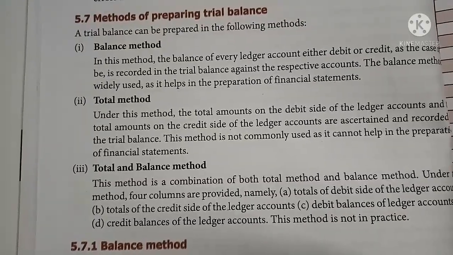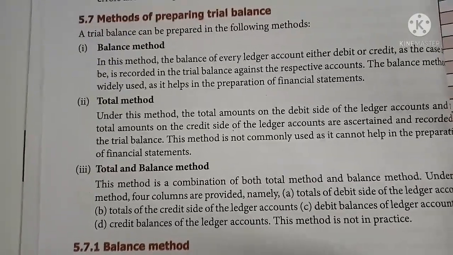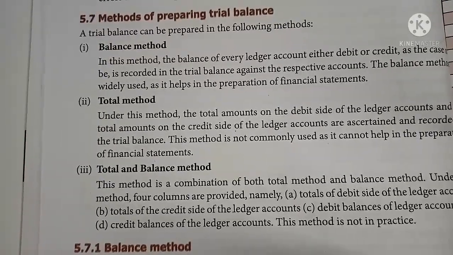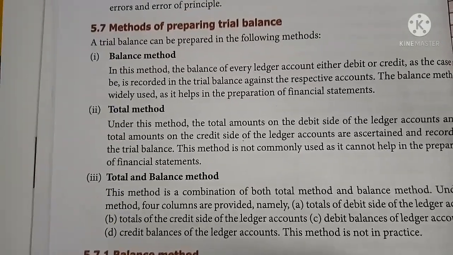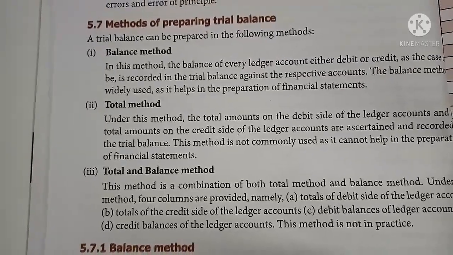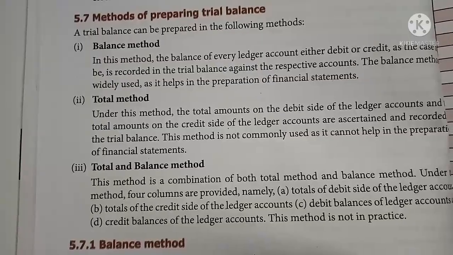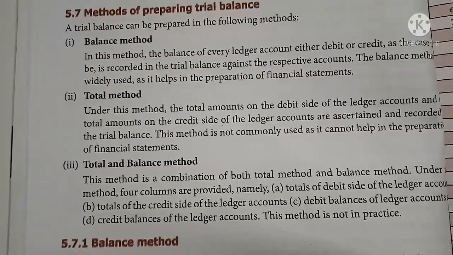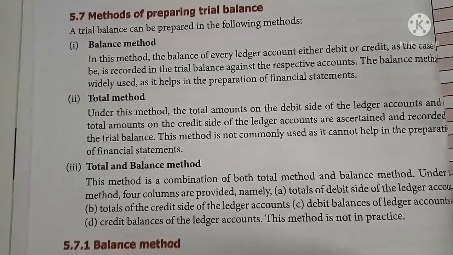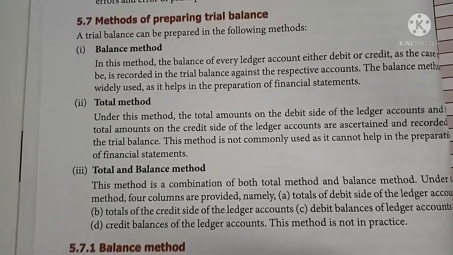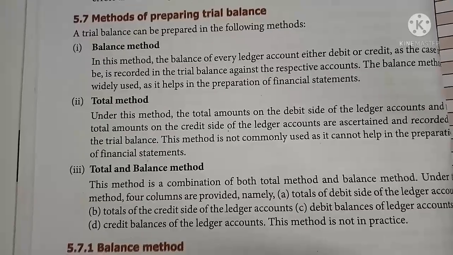But in usual practice, all business organizations that maintain accounting records under the double entry system of bookkeeping should follow the first method, that is balance method. This method will help business people to prepare financial statements.